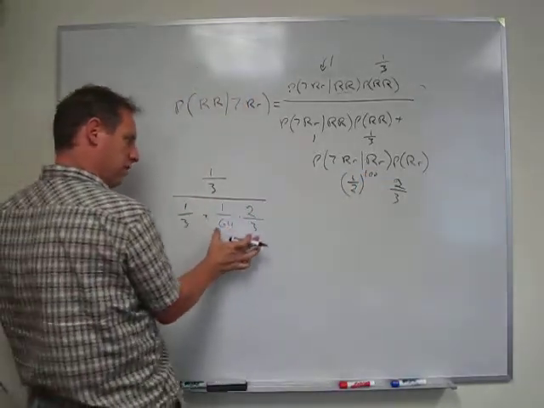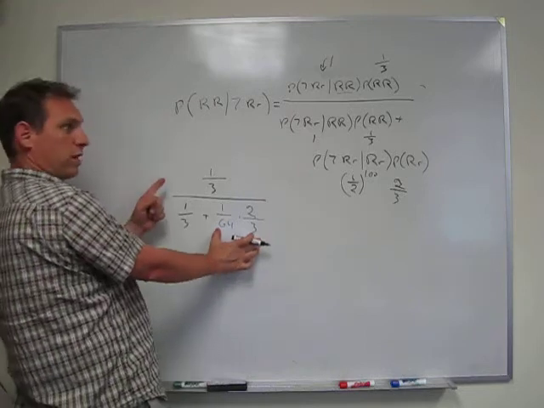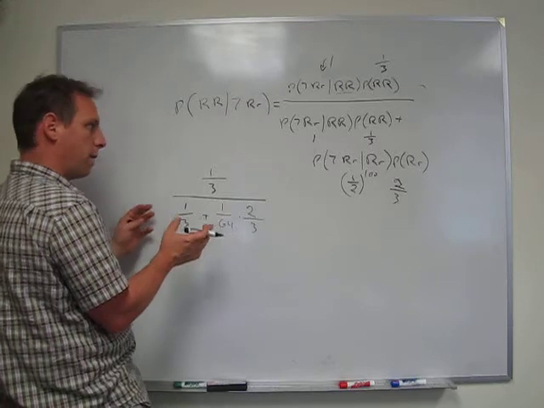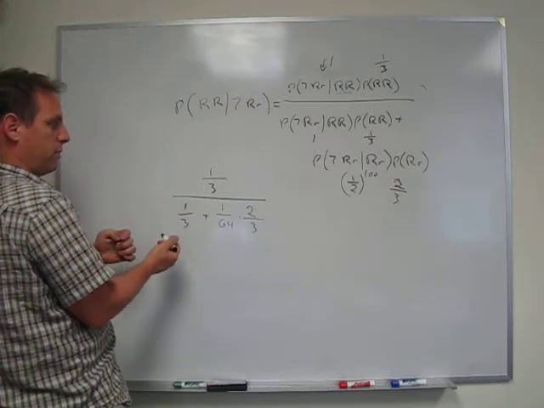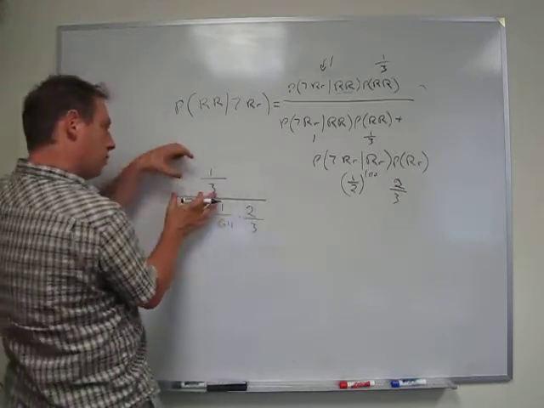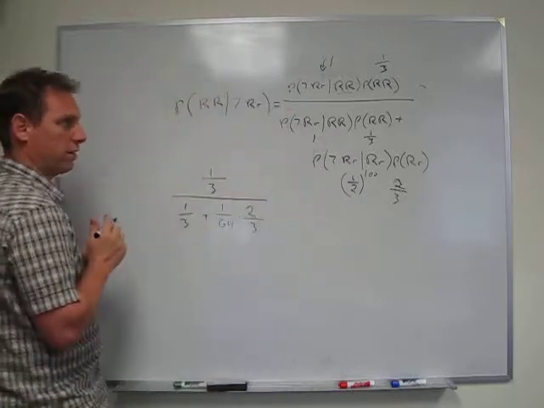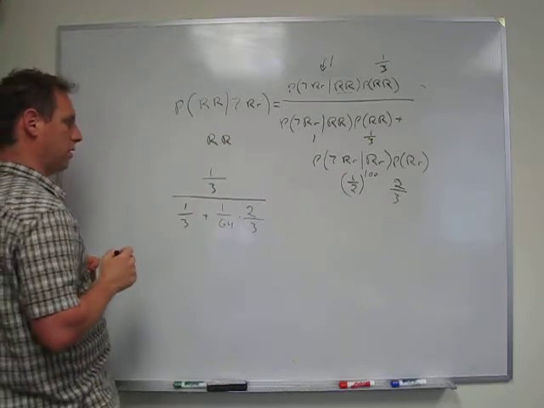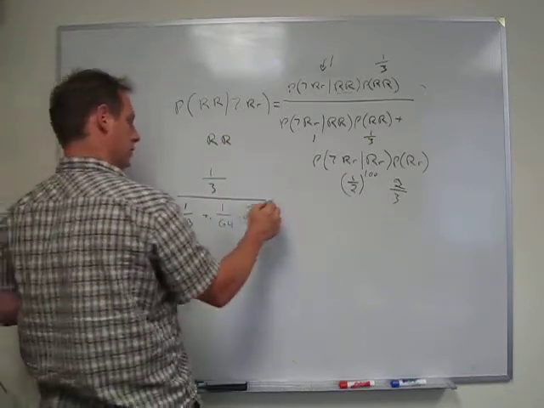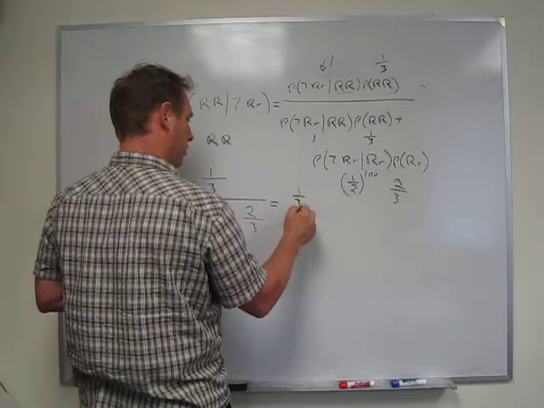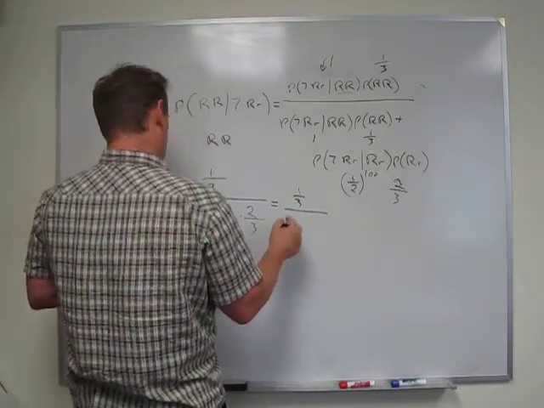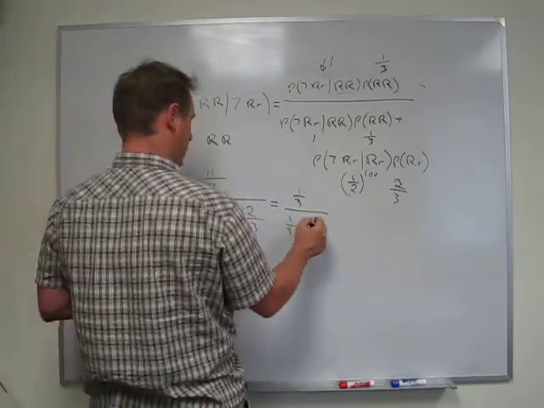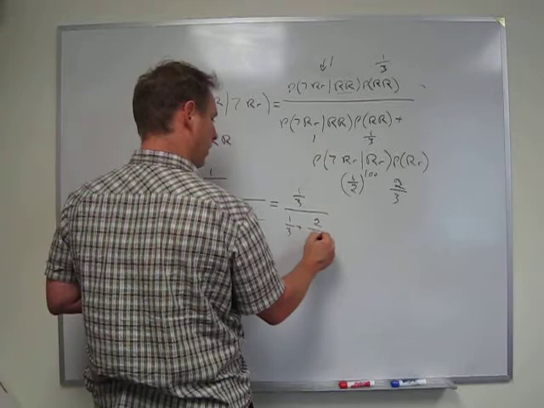And what you can notice is that as this term goes to 0, the whole thing becomes 1, because the proportion of probability that can be attributed to this particular thing becomes more and more balanced towards the condition of that individual being big R, big R. So what is that equal to? 1/3 over 1/3 plus, well, you know what?